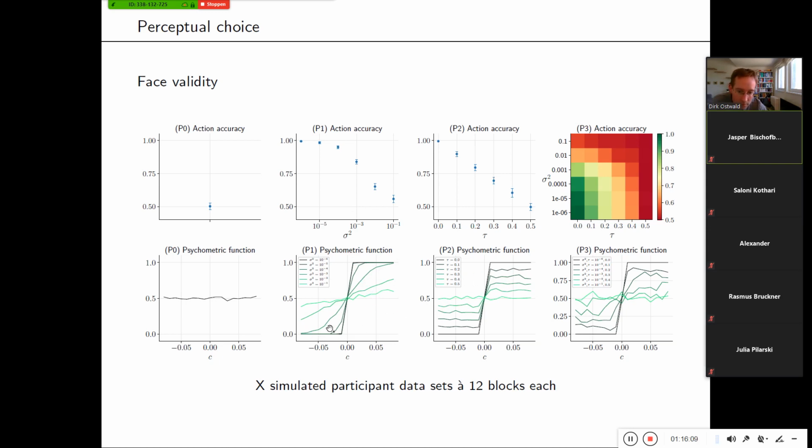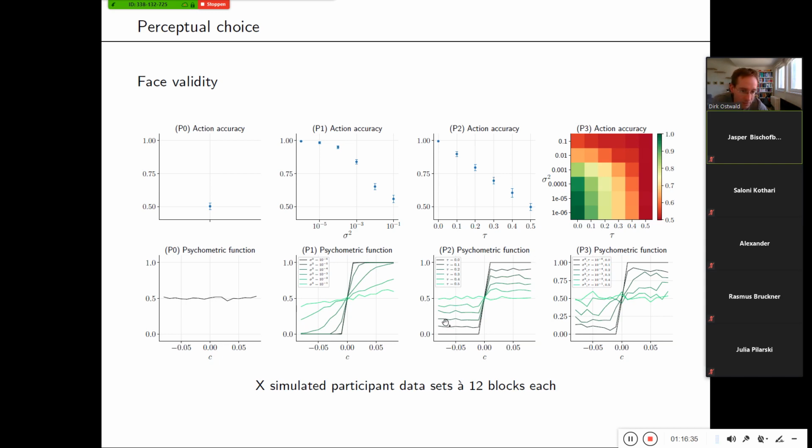So the Gaussian perception uncertainty model generates different forms of the sigmoidal function, whereas the action noise model always creates these kind of step functions, and depending on the tau parameter, is further away from 50%. If it's never making an error, then it's this step function.